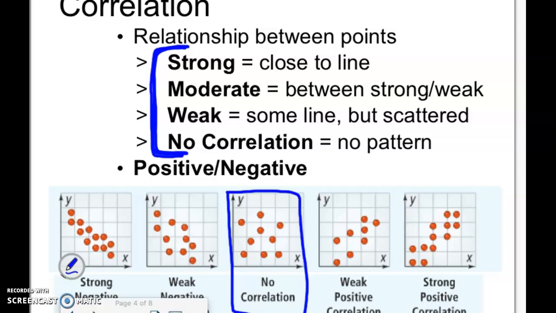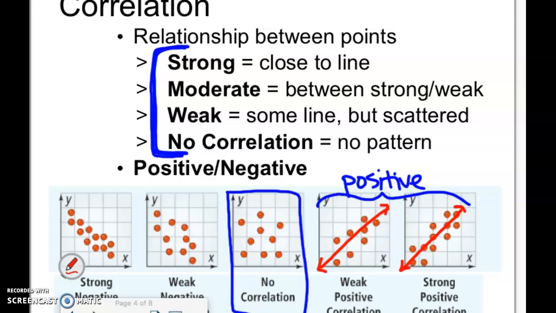All right. Positive is when the graph looks like the pattern is moving upwards. Like if you were to draw a linear trend line in, it would be a positive slope.